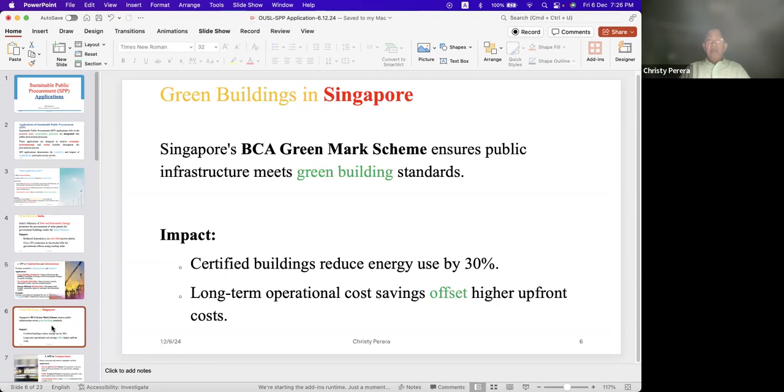For a building construction, you need energy, right? Electricity and so many things are there. Machinery and a lot of things use electricity, machines and so many other instruments. Certified buildings reduce energy use by 30%.